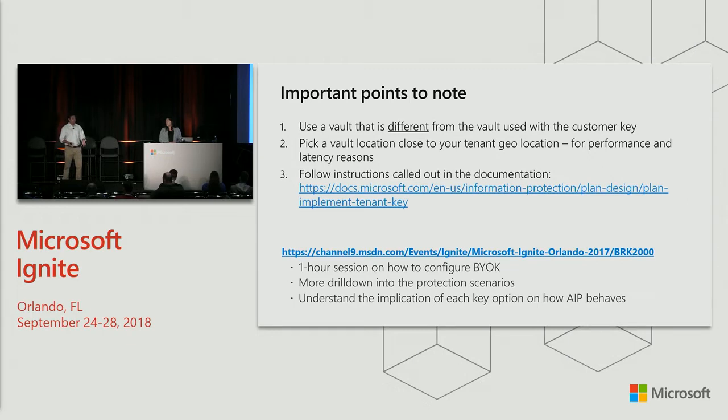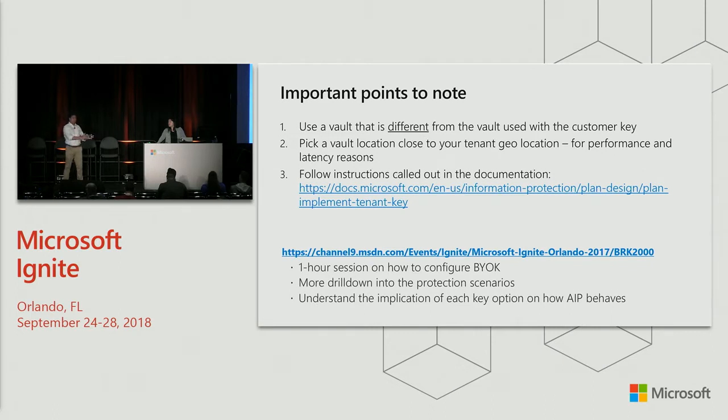The other thing I do want to call out is that this session has been done before, and there's an existing video with an end-to-end demo on how to configure Key Vault with Azure Information Protection. The PowerShell that's required, the UI that's required, what happens when it works, what happens when you encounter errors in configuring, all of that, how to deal with actual configuration has already been recorded, and it's available to you right now.